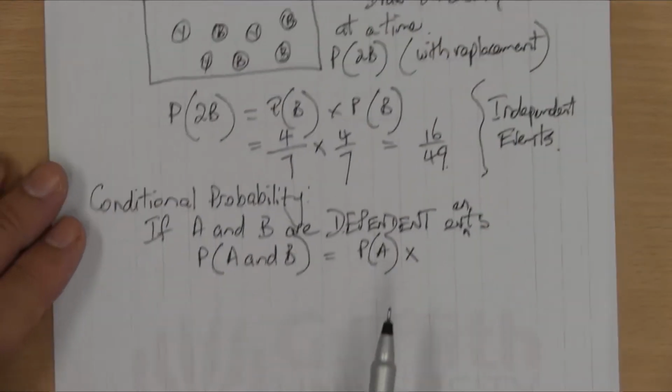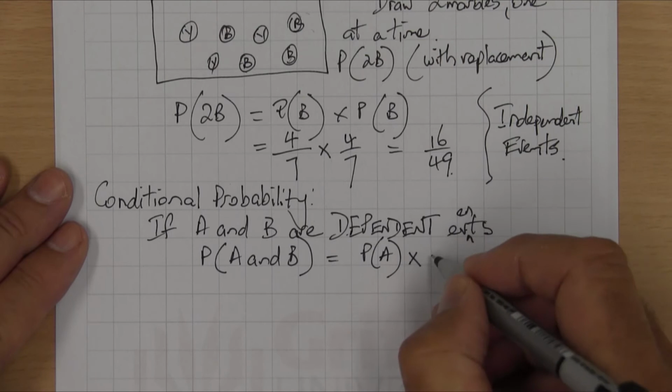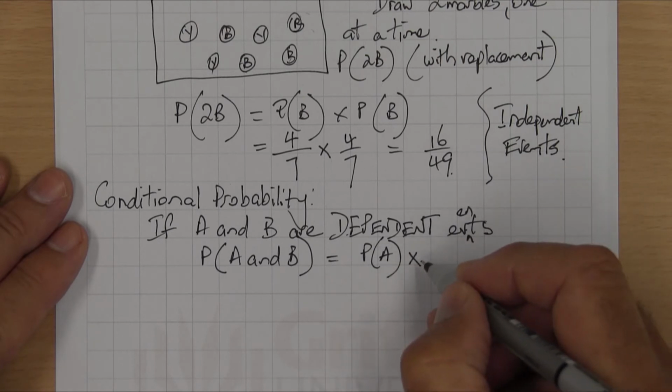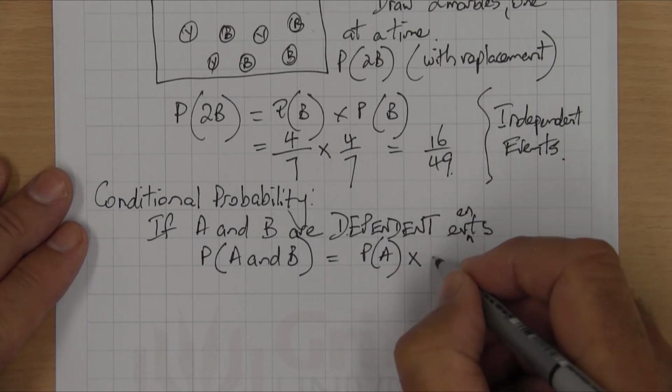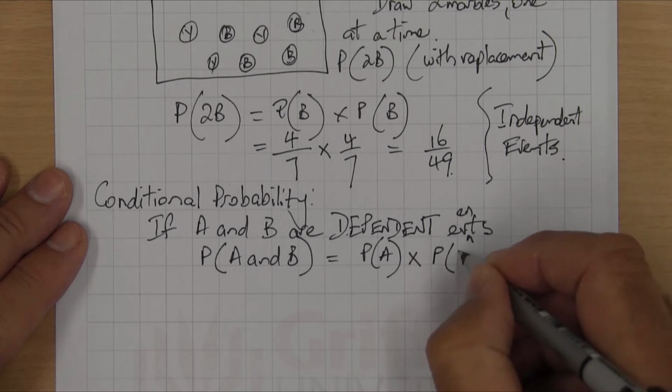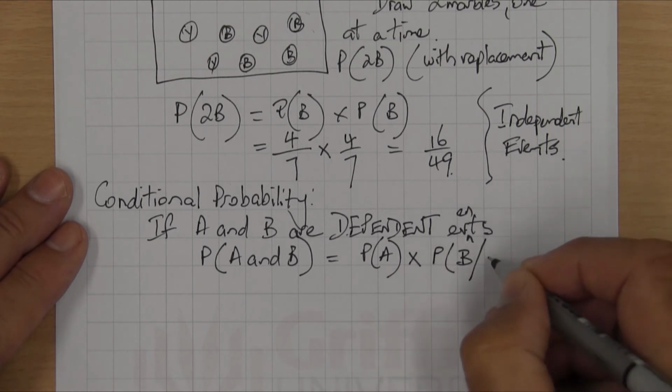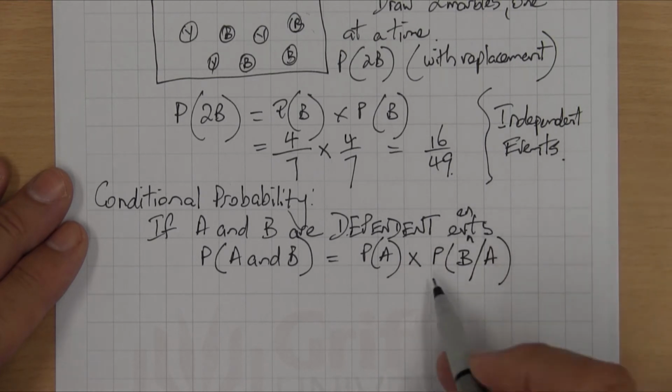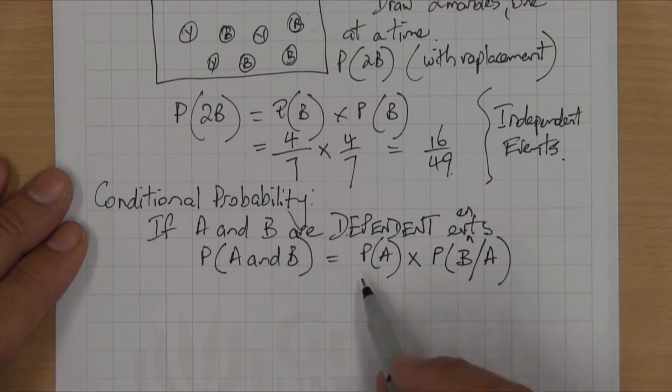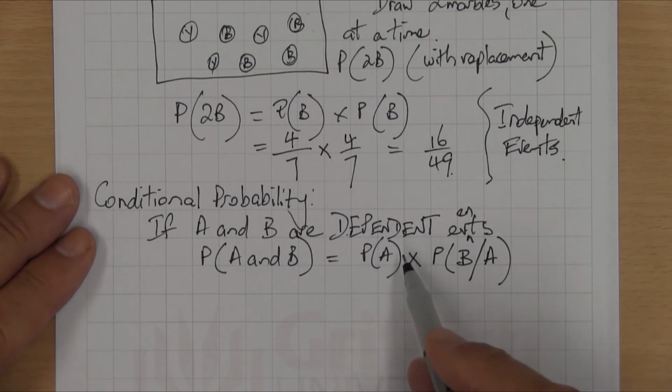If they are dependent, it's going to be slightly different. It's the probability of A, same as above, but times now the probability of B given that A has occurred, and that's the way we write that. We're saying, given that A has occurred, first up, calculate a new probability for B and multiply these two together. So this is for dependent events.